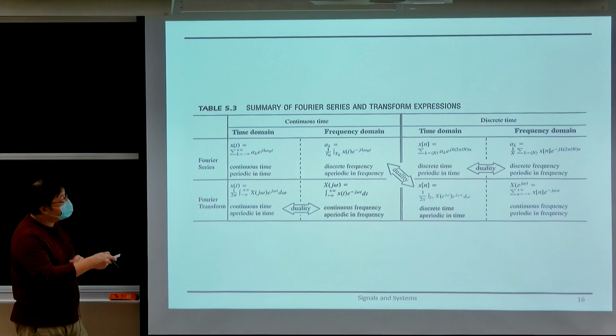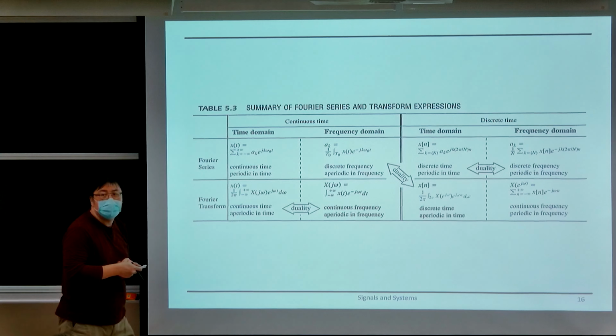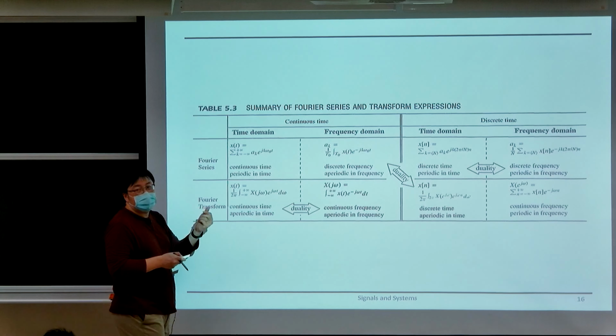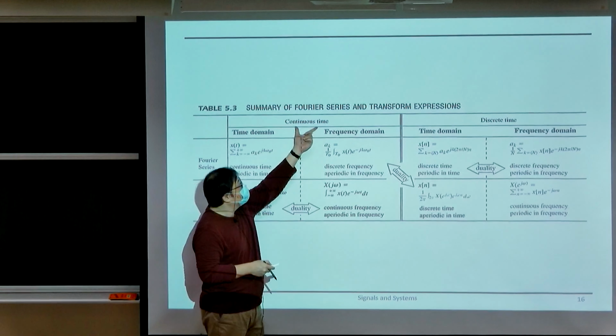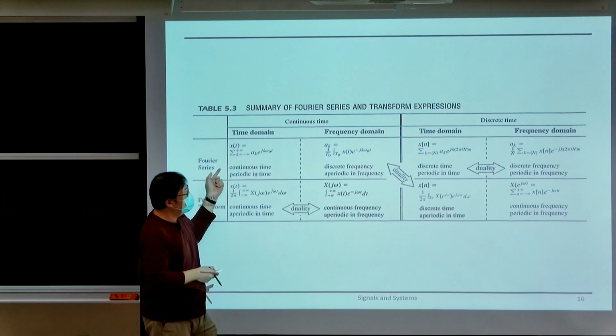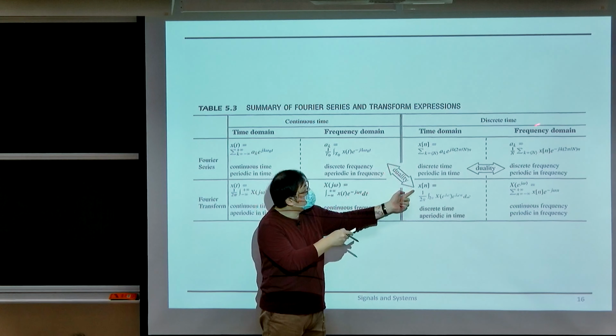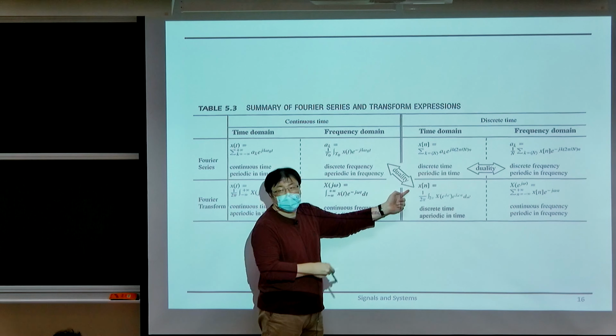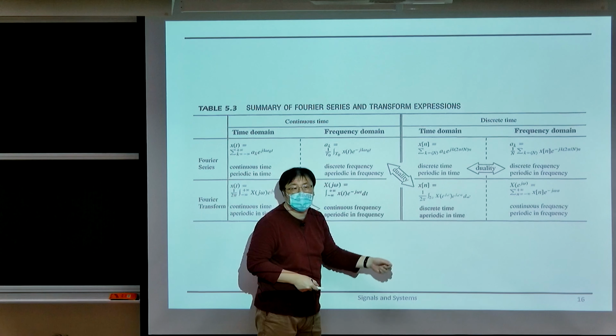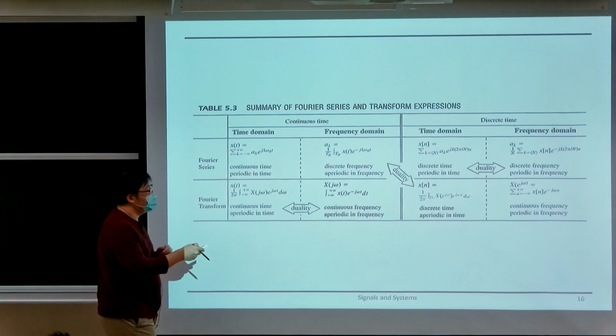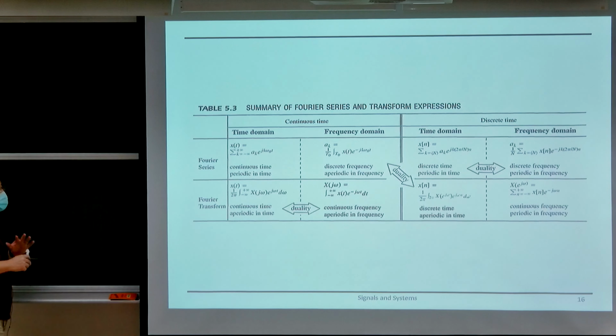For the discrete time Fourier series, there's duality. And there's also duality between the continuous time Fourier series and the discrete time Fourier transform. Okay? So there are these three dualities that you can explore to help you derive similar relationships from one to the other.